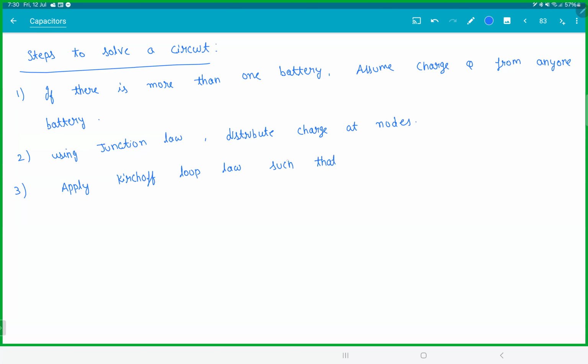This is one thing you have to be careful about. You just cannot leave any one element. You should make sure every element is covered in that loop at least once. And solve the equations. I'll show an example, that would be better.